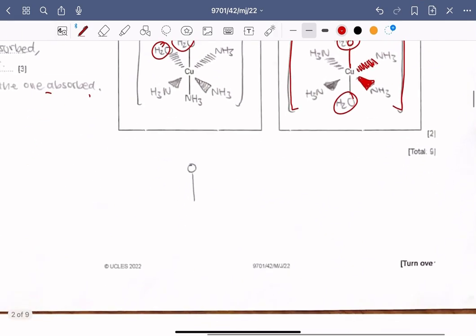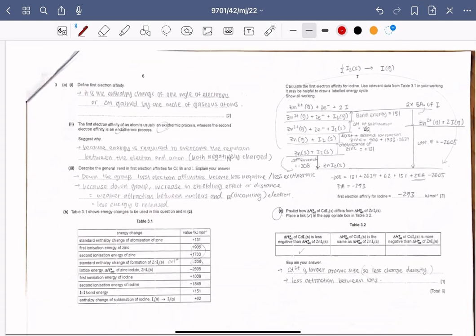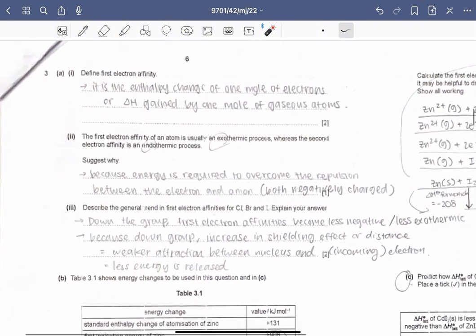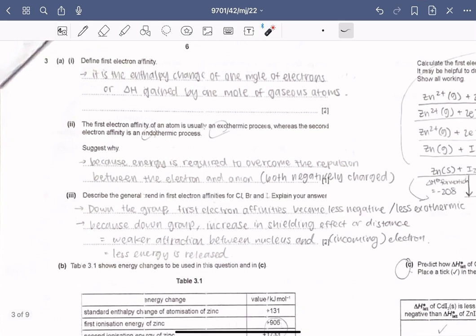Okay, next question, 3(a)(i). Define first electron affinity. First electron affinity is the enthalpy change gained by 1 mole of gaseous atoms when each gains one electron. The first electron affinity of an atom is usually an exothermic process, whereas the second electron affinity is an endothermic process.